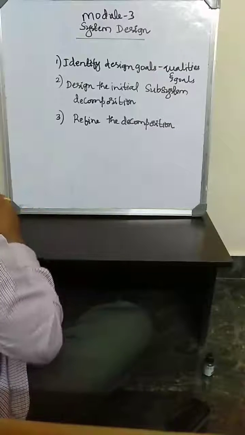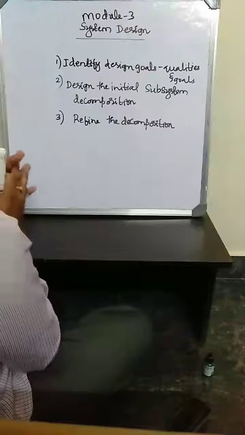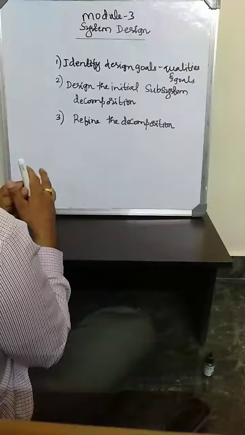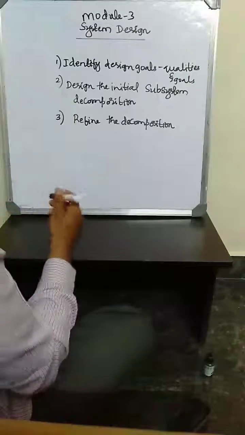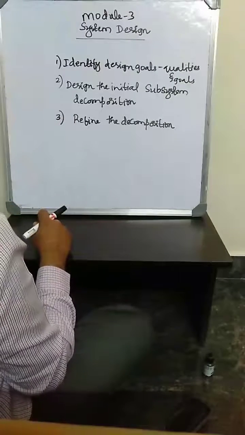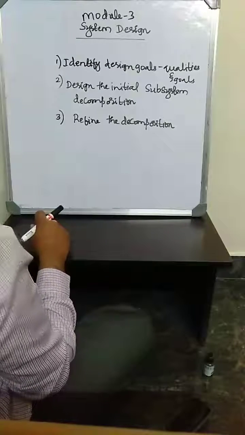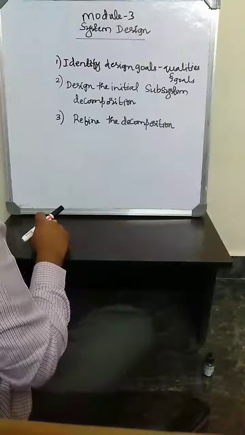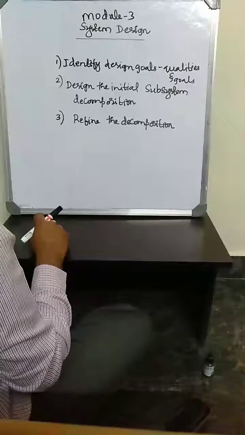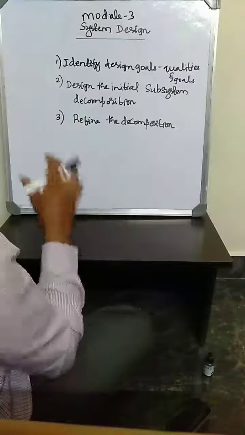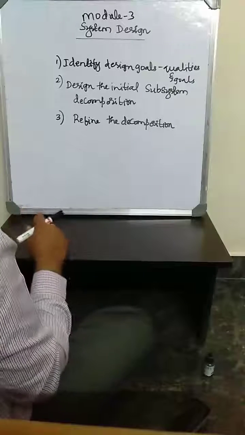If the desired amount of decomposition of a subsystem is not satisfied, then we may go on refining it. That is the third point you may come across in designing a system.